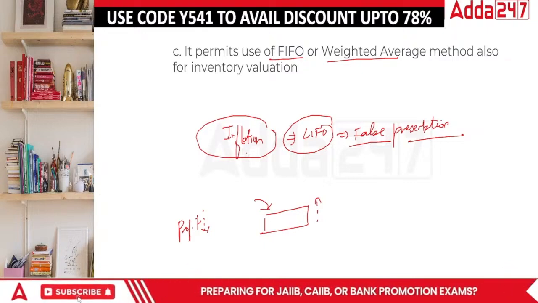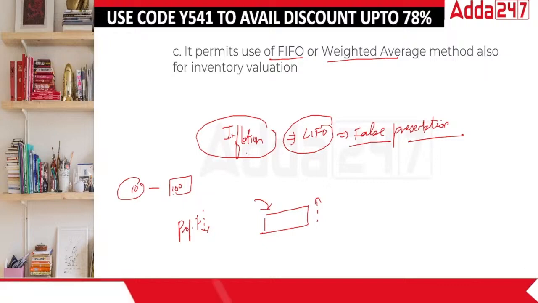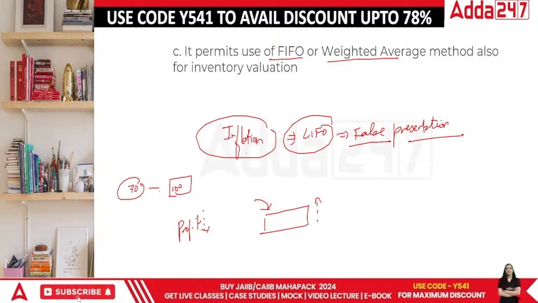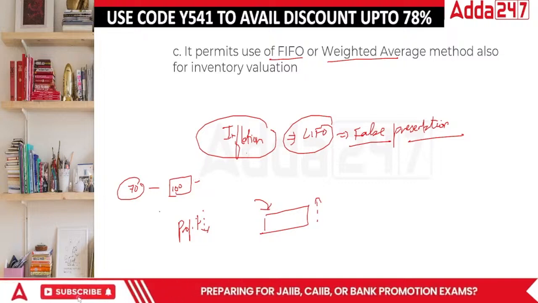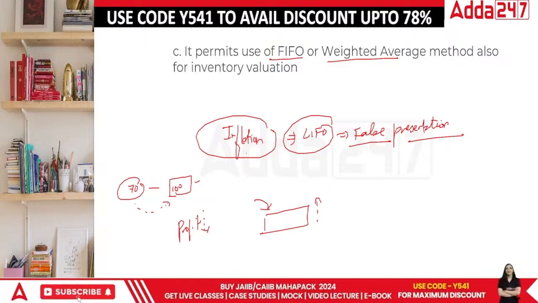If I bought something for 10 rupees, due to inflation, its value is now 100 rupees. And this has happened with multiple things. Let's take it, I bought it at 70 rupees, and right now its value is at 100 rupees. This kind of inflation is definitely there in our country, from 70 to 100.